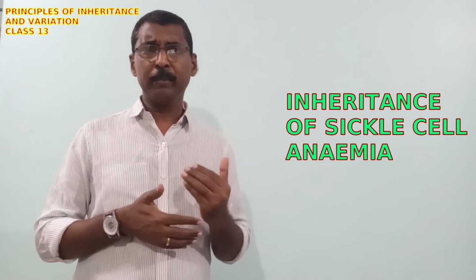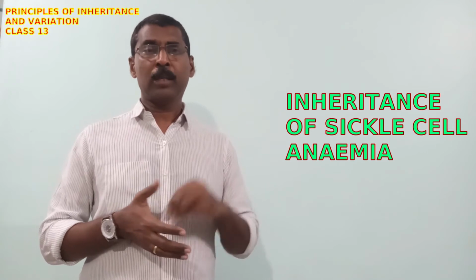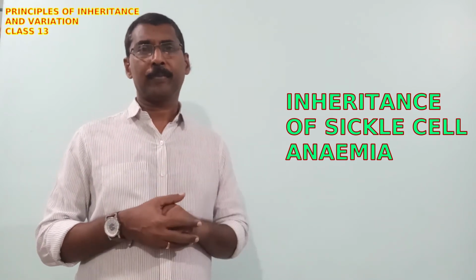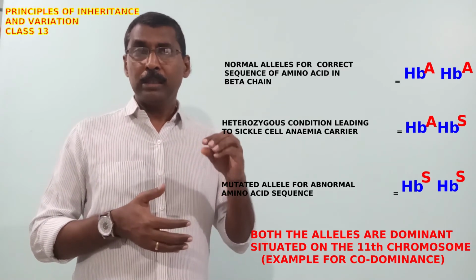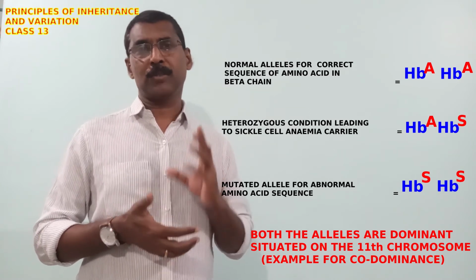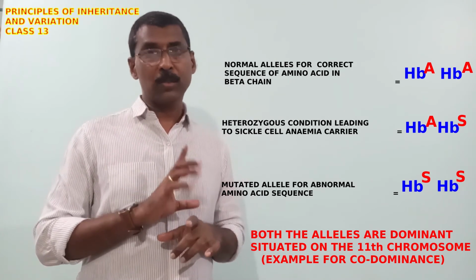Now what is a sickle cell anemia carrier? Before that, let me say, the normal gene is denoted here as HbA, and the mutated gene is denoted as HbS. A is a capital letter, S is also a capital letter.